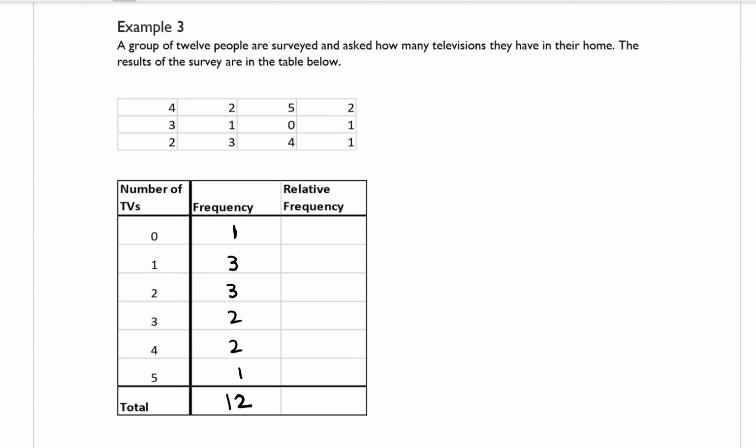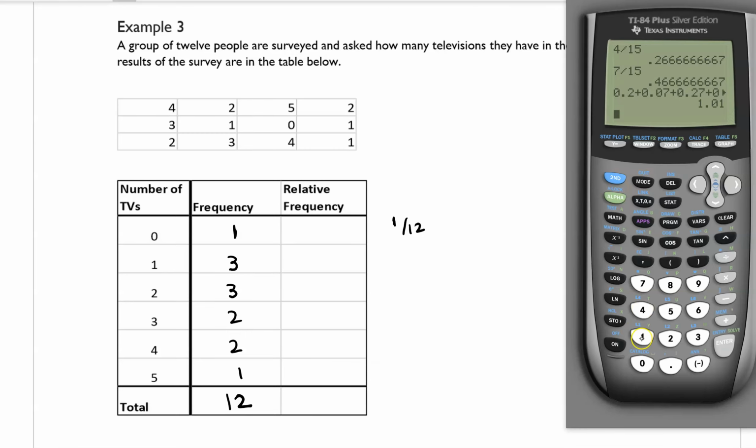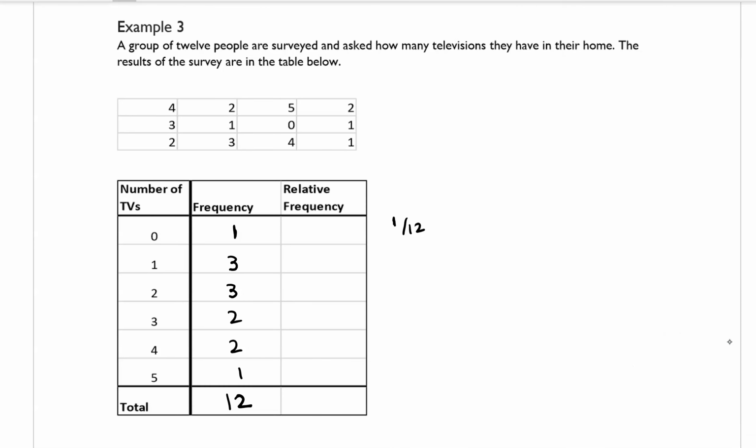Now let's go ahead and do our relative frequency table. So for the people who don't have any TVs, we want to calculate that relative frequency, which is 1 out of 12. So that's 0.083. This time I'm rounding it to 3 decimal places.